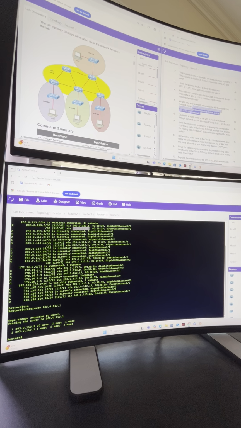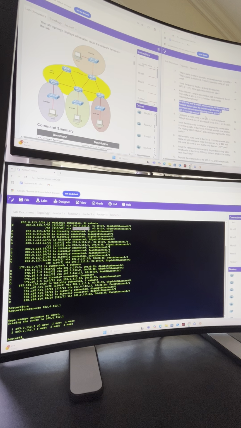So on number 5, it says, what is one way in which you could use AD to ensure that router 4 always uses the path through router 3 to communicate with interfaces that reside on the 203.0.113.0/30 network?